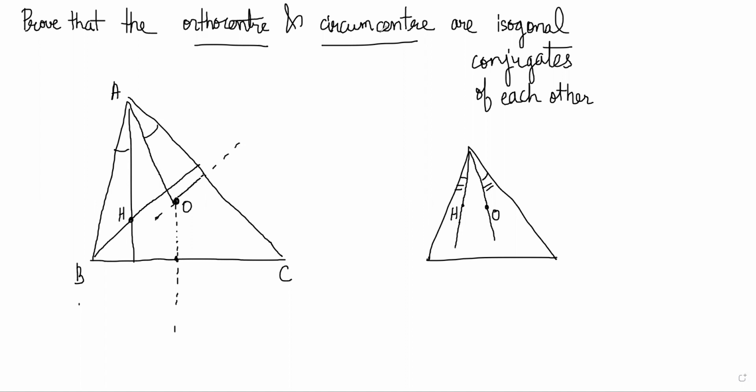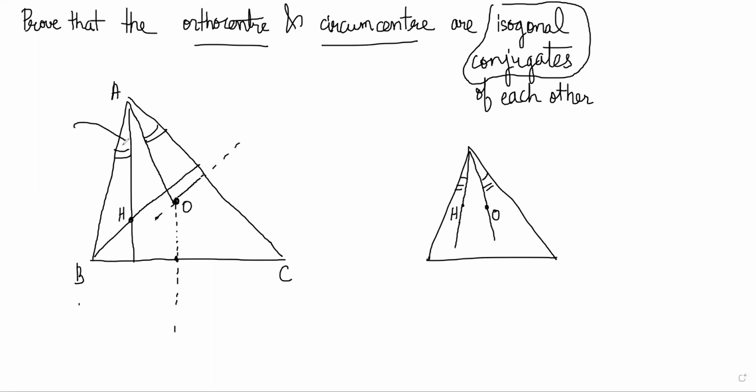It should be easy if you know the meaning of isogonal conjugates. They are equally inclined from the two lines that make up angle A. The AH line has the same angle with AB as the OA line has with AC. You have to prove this.